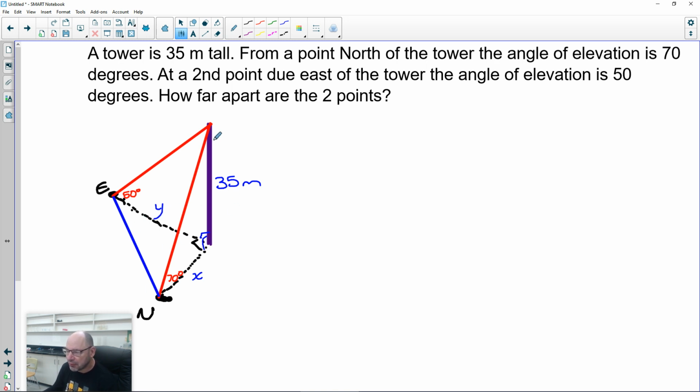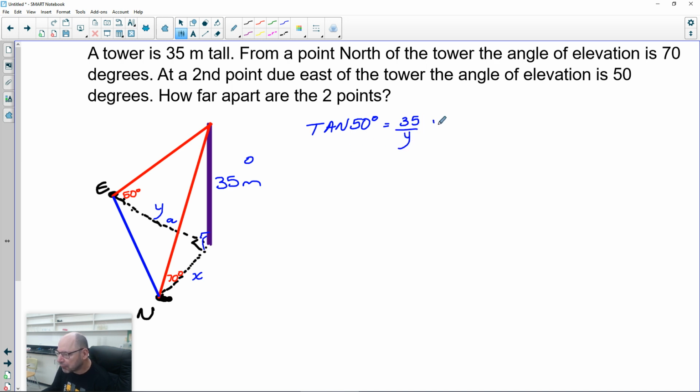Okay, so we're going to do this triangle here first with the E. So we know this side's 35. That's the opposite side. This is the adjacent side. And this is the hypotenuse here. Okay, so let's do tan of 50 equaling 35 over, we're calling it y.